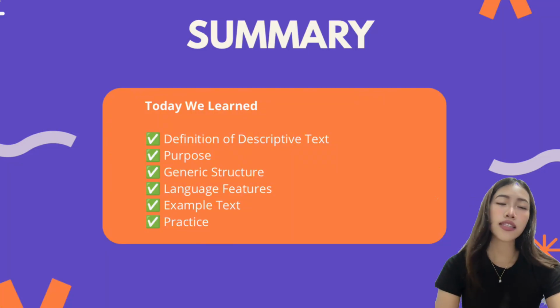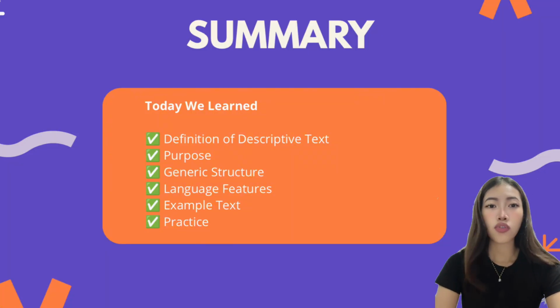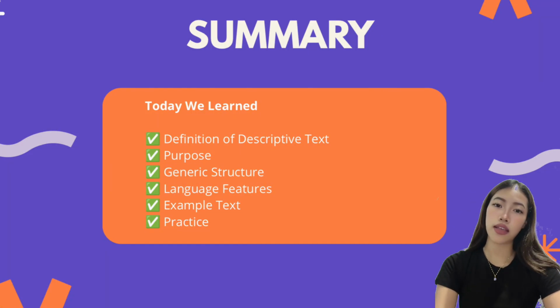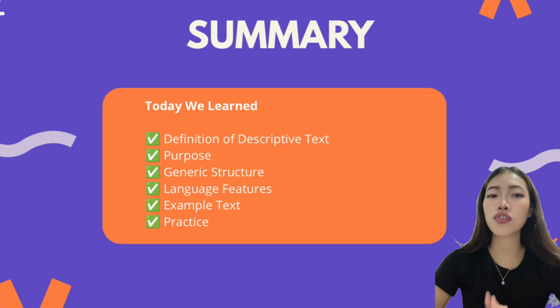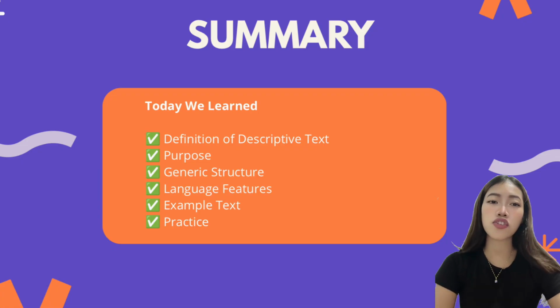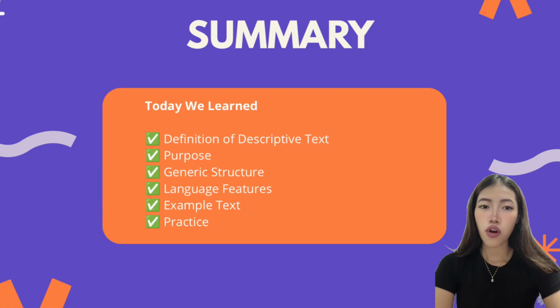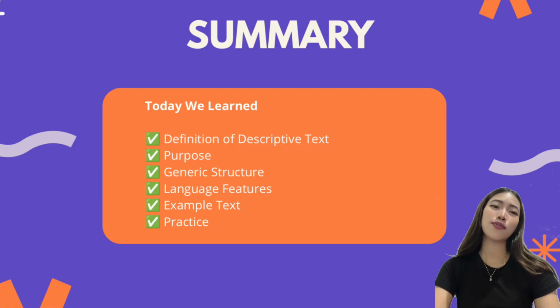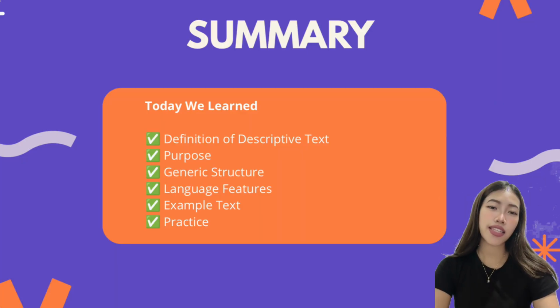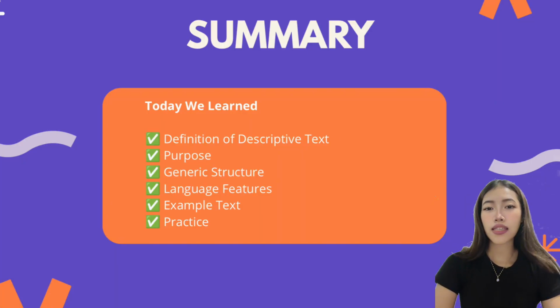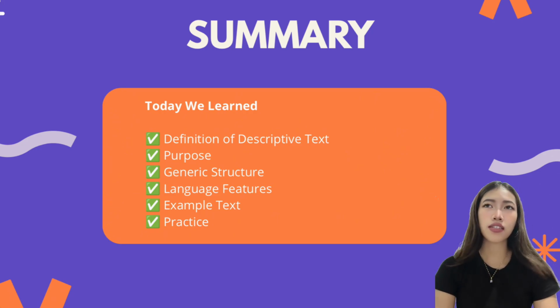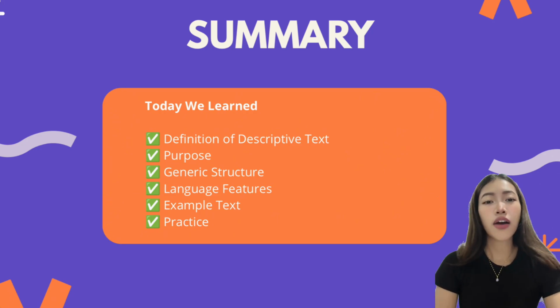Remember, learning English takes time, so don't be afraid to make mistakes. Keep practicing, keep learning, and most importantly, enjoy the process. For your homework, I'd like you to write a short descriptive text about your favorite place, animal, or person using 5 to 7 sentences.